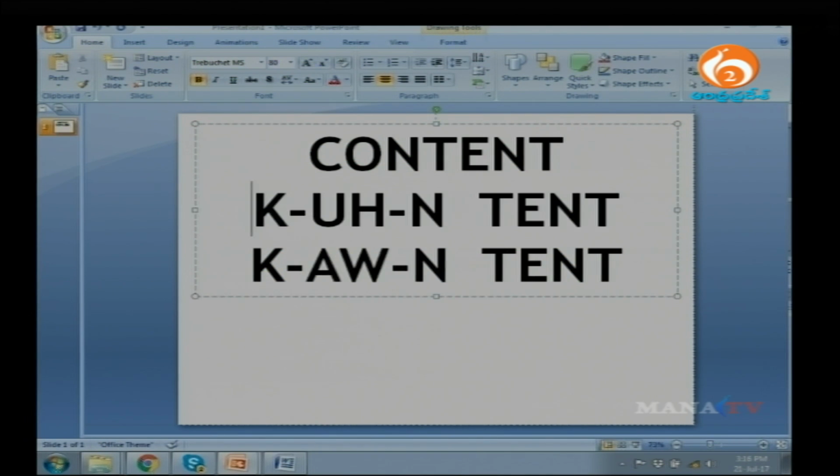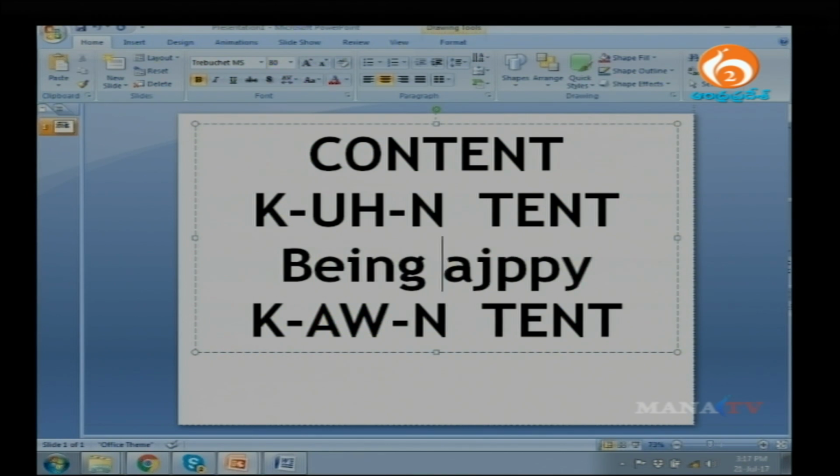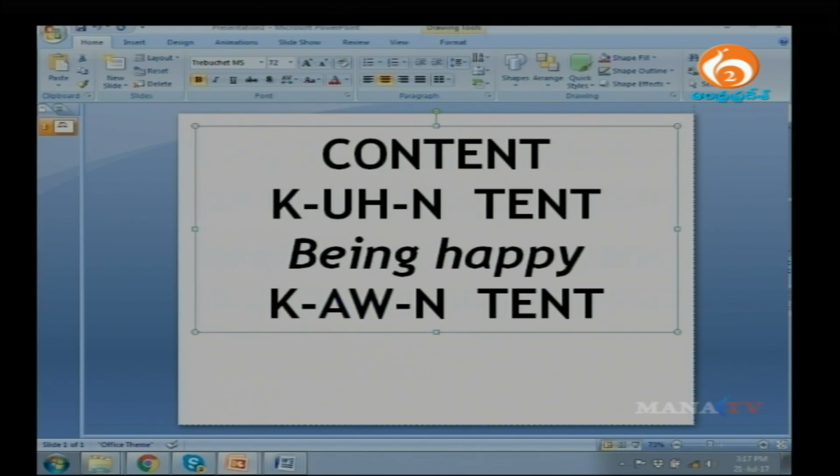The answer is very simple, because when you shift the stress, the meaning changes. When you say content, content means being happy. Alright, when you pronounce this as content, that means being happy.